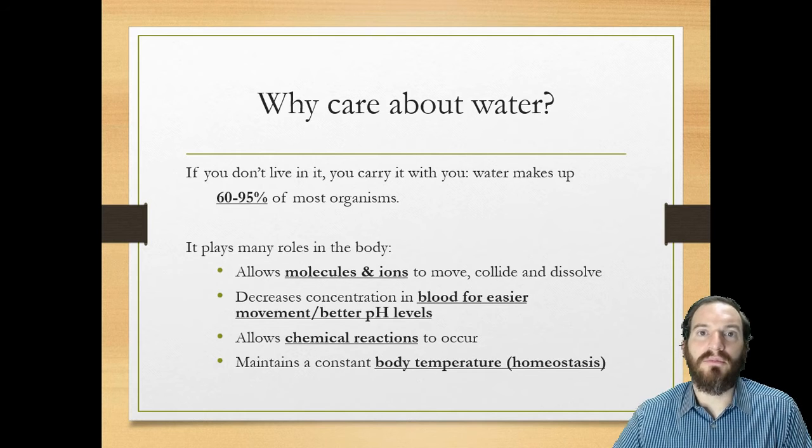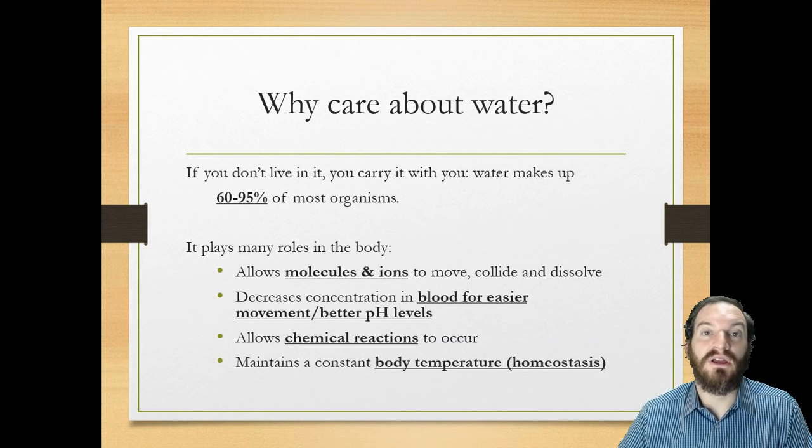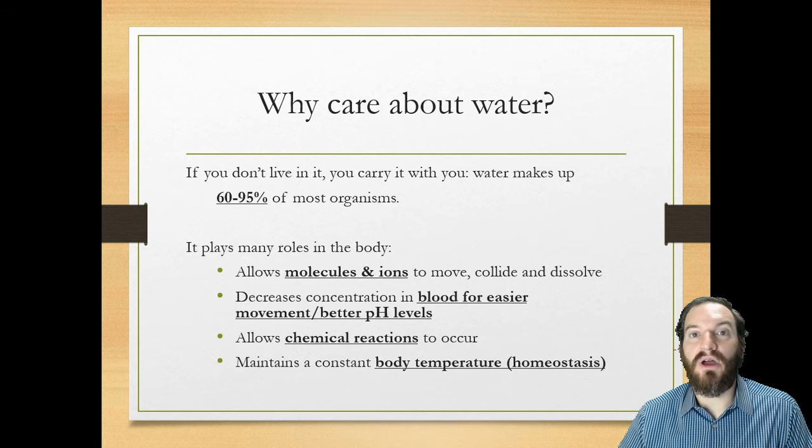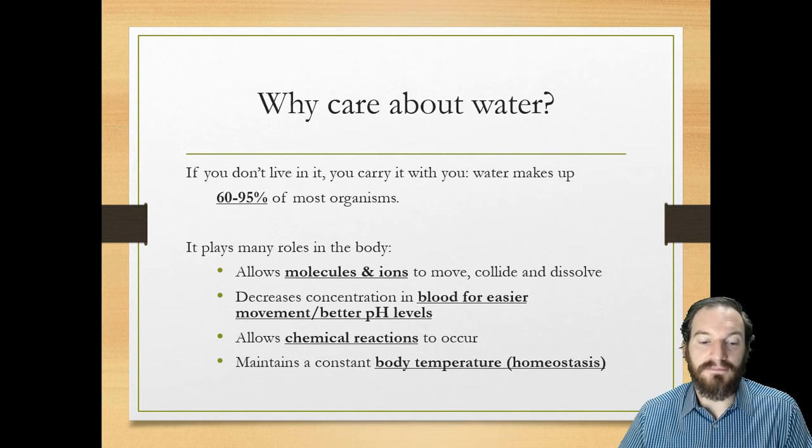Water is incredibly important to the biology of organisms as well. It's going to help different molecules or ions move around. It's going to help them to collide and to interact. Therefore, you'll get different chemical reactions to take place. It's also going to help to lower the concentration of different things inside your body. So for blood, it will make your blood easier to move around. It'll help to maintain the pH levels within your blood.